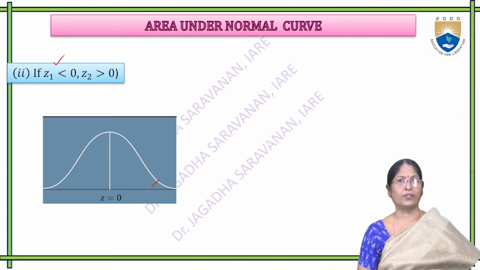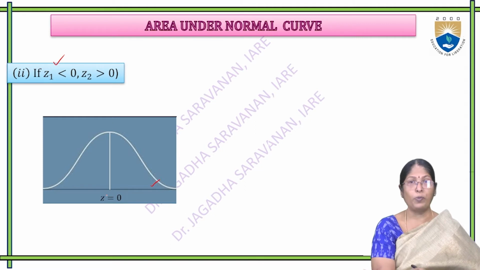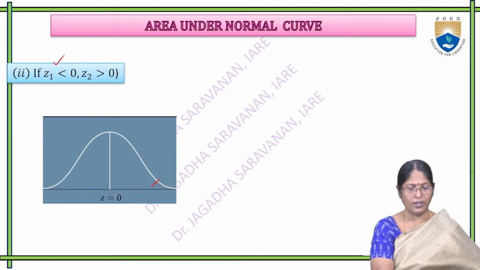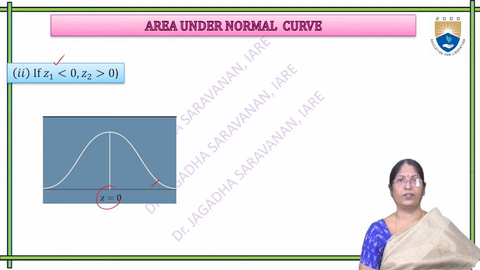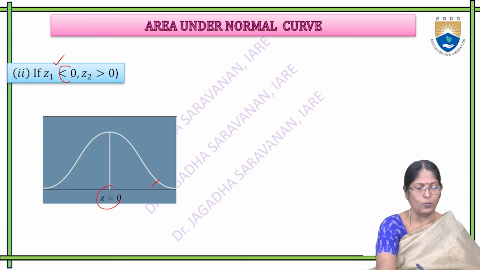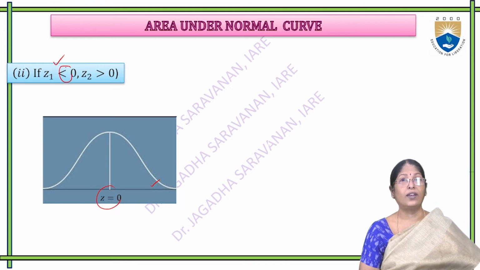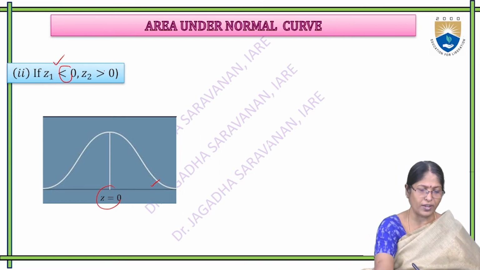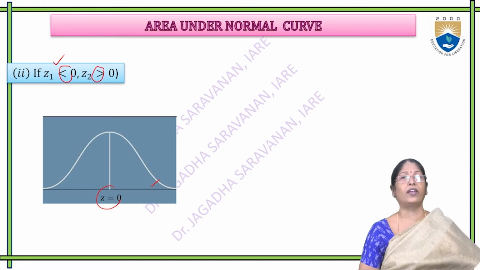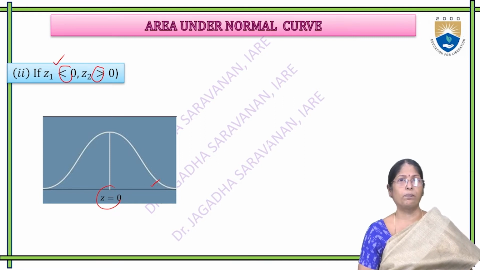Where is it to be placed, left or right side of z? It is the left side, because the symbol given here is less than. If it is less than, left side of the point. If it is greater than, right side of the point. It's a very simple logic.